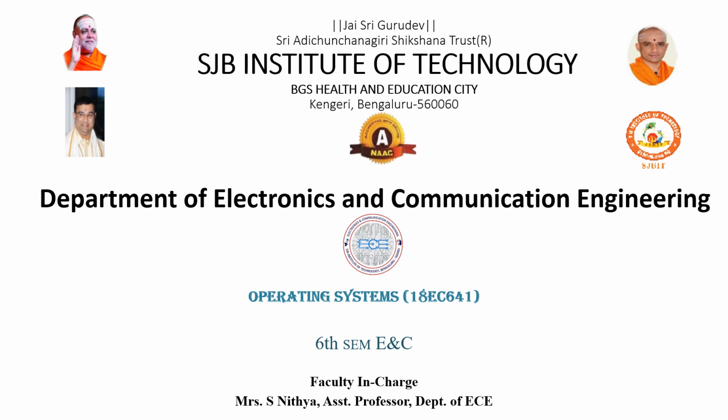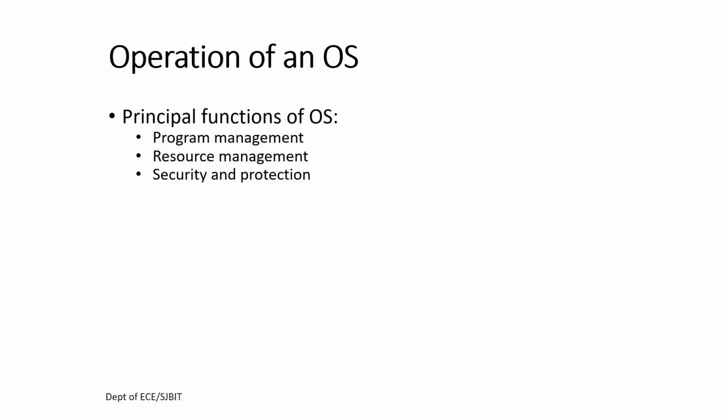Now today we are going to discuss the operations of an OS. The principal functions of an OS are program management, resource management, and security. Program management, resource management, and the security.